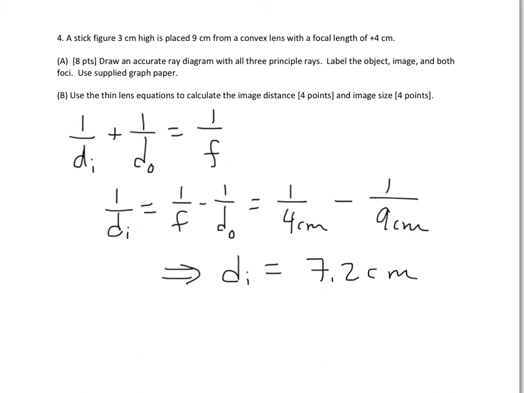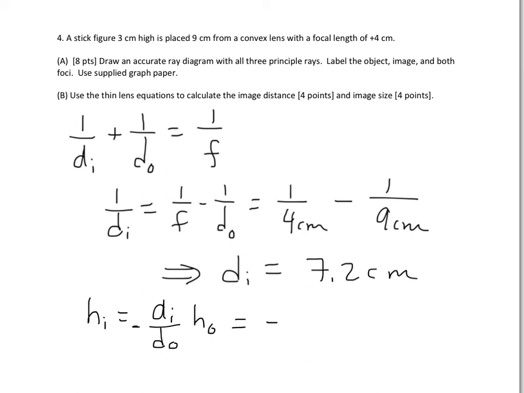The image size can be determined from the magnification equation. The image size would be equal to the magnification, which we know is negative di over do, times the original object size.